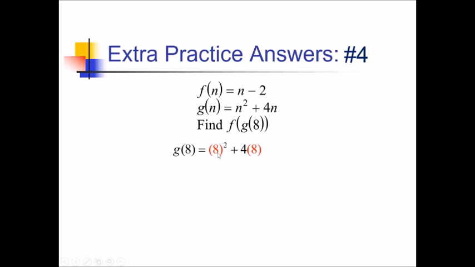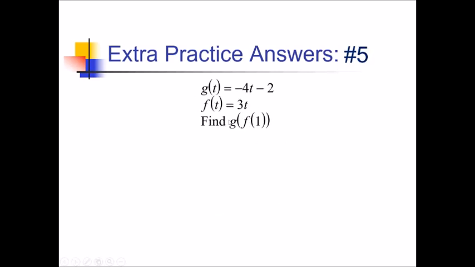So that's 64 plus 32, which adds up to 96. So that's what g of 8 is. Now, instead of doing f of g of 8, I can think of this as f of 96. F is just going to take whatever you plug in and subtract 2. So instead of doing n minus 2, I can now do 96 minus 2, which gives me the value of 94.